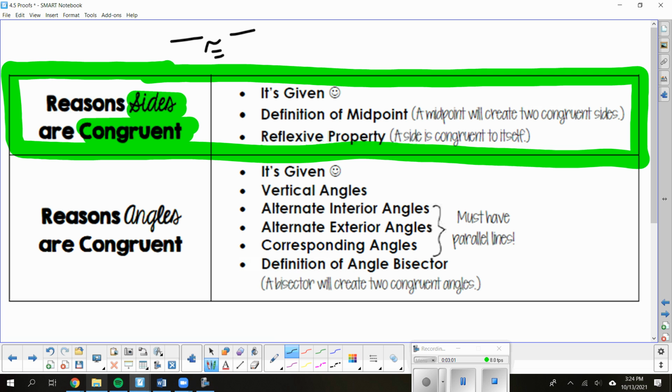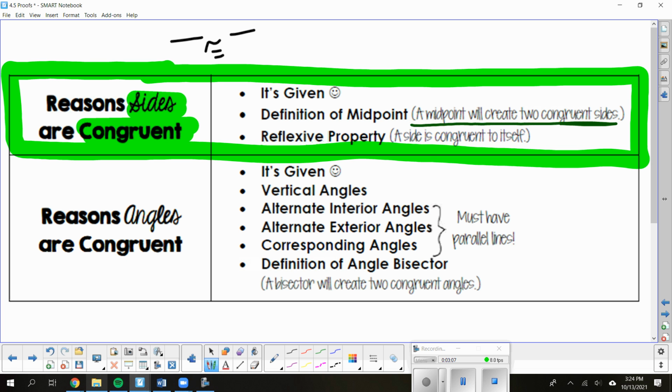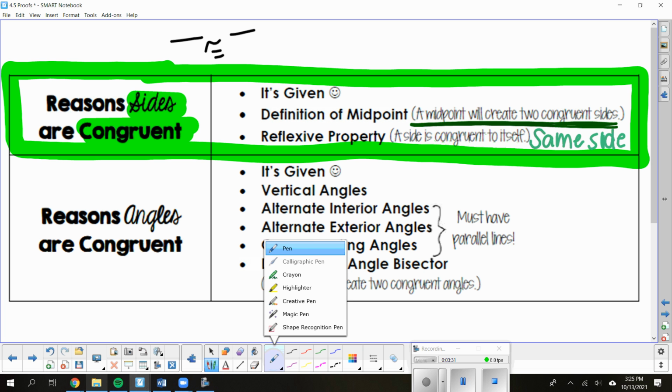Your next one is definition of midpoint. Remember that a midpoint is going to cut a segment in half, so it will create two congruent segments or two congruent sides. Your other one is the reflexive property. Remember we did this one? It's a side is congruent to itself. It's the same side in both of the triangles. That's your reflexive property. So not as many reasons for your sides.